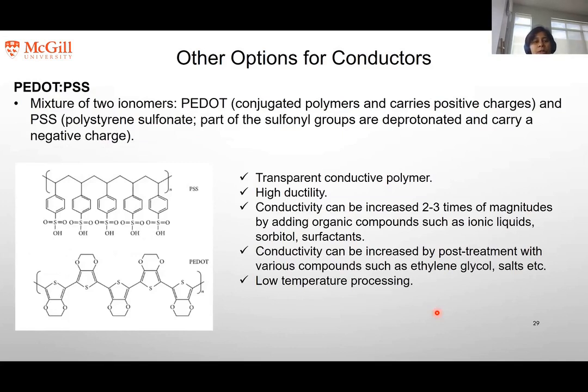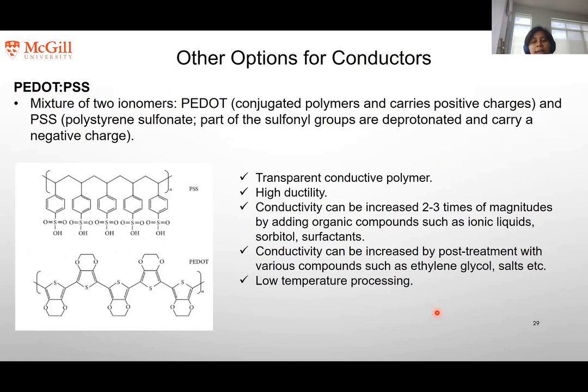Another very good option is also PEDOT:PSS. It's basically a mix of two ionomers. One is PEDOT and another is PSS. The very nice properties of PEDOT:PSS are that they're transparent, so they can be used for many optical devices. They have high ductility, so they can be used for flexible application.